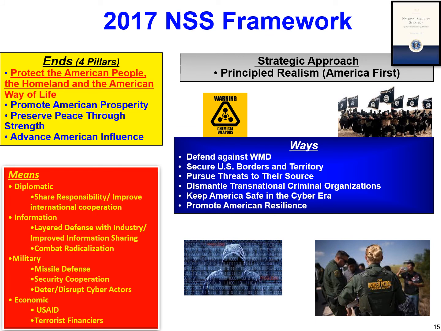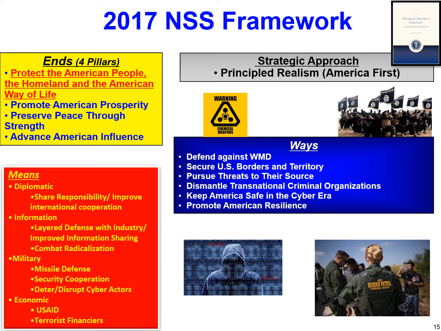The national security strategy, I think, has 4 major goals. I'm just going to quickly flip through each of those goals. In each of these slides, the means and the ways in which we will accomplish the goals of the national security strategy are highlighted in the red and blue boxes. And you can see that the end is highlighted in the yellow box.